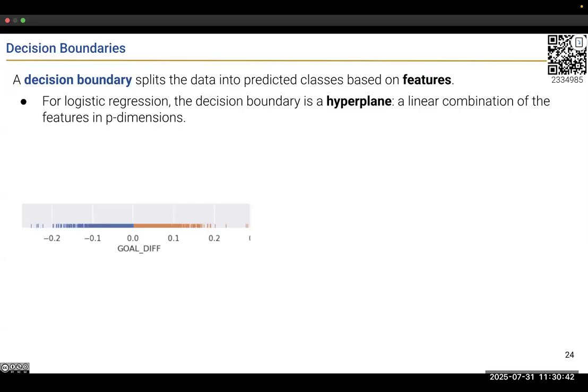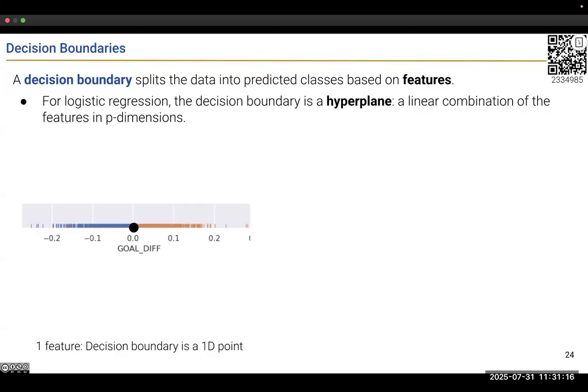Here's what I mean. If I have only one feature, the decision boundary that separates my predicted zeros and predicted ones is a single point. For example, here the decision boundary is at 0. So if this goal diff feature is less than 0, I'm predicting the 0 class, I guess, and if the goal diff is greater than 0, I predict the other class.